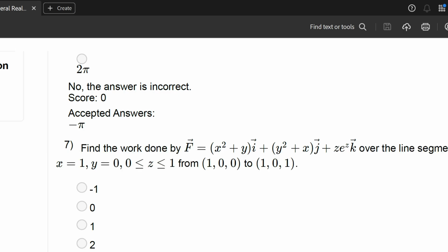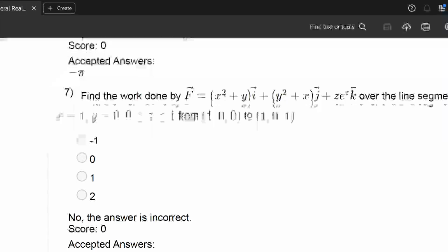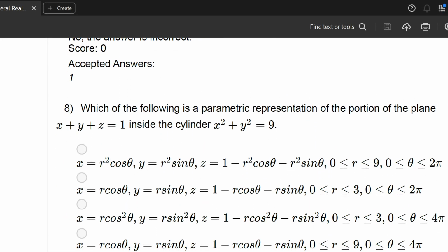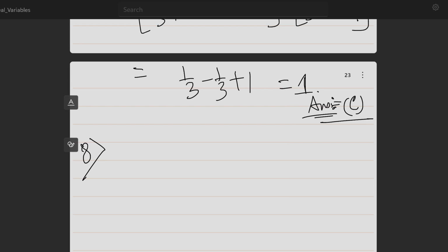So I'll move to the next question. You have to find a parameterization. It is an easy one. Just find the parametric representation of a plane inside the cylinder. So I'll write it one by one. What is the question?